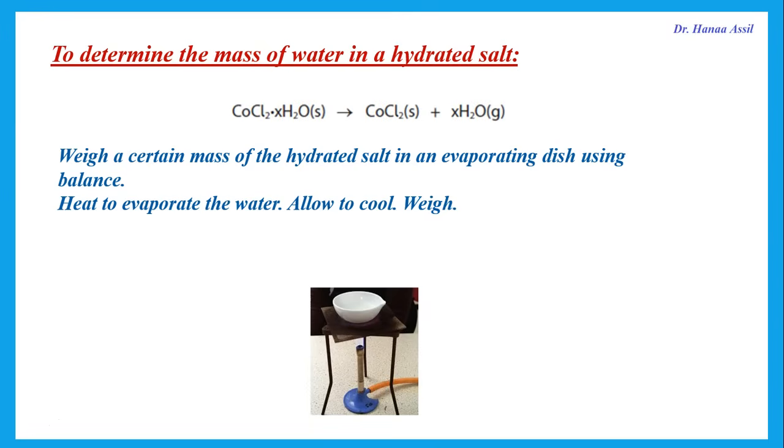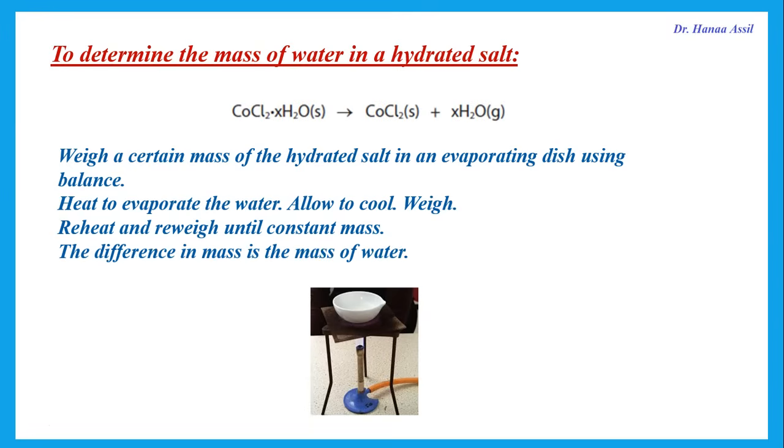Then we heat to evaporate the water, allow it to cool, reweigh, and then I repeat that, reheat and reweigh until there is no further change in mass. So how do I know if all the water has been lost? If the mass no longer decreases, and then the difference in mass would be the mass of water.